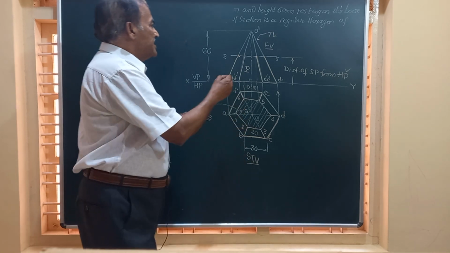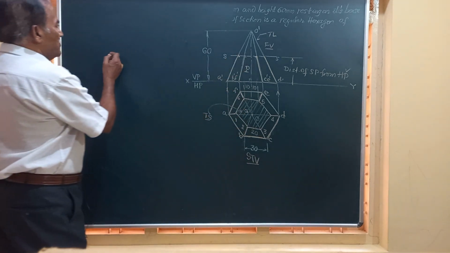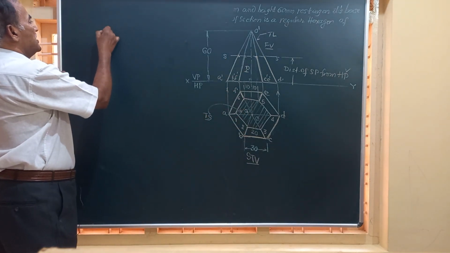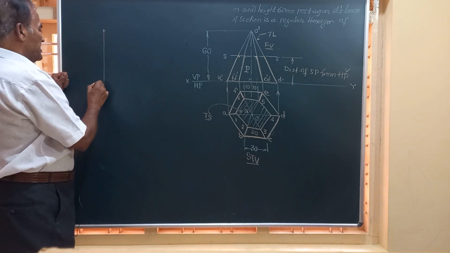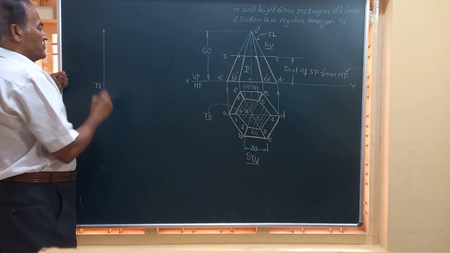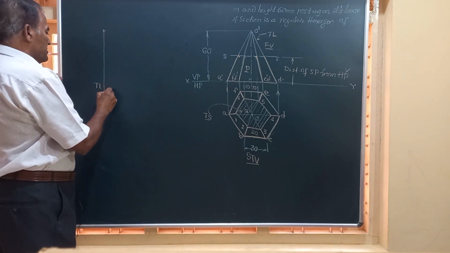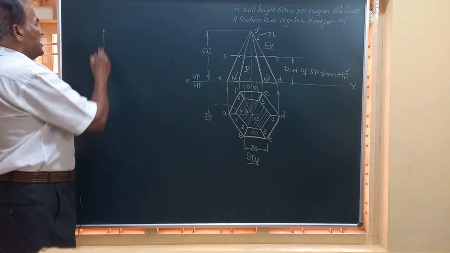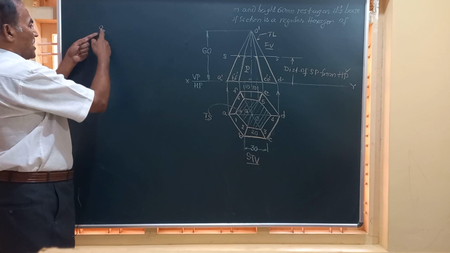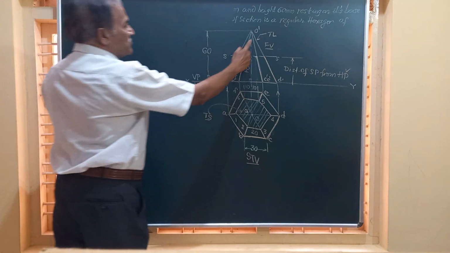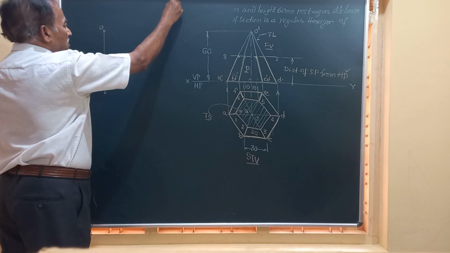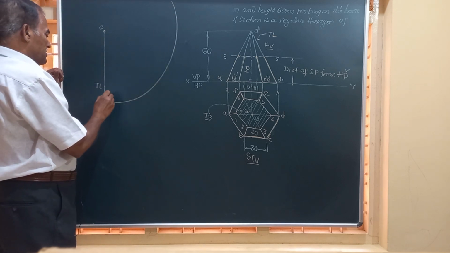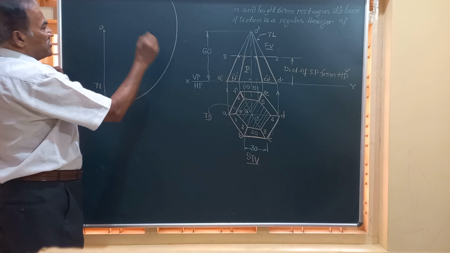Now, friends, taking that true length, I am going to draw a line here of length equal to TL, and taking O as center and this true length, that is O dash D dash, as radius, I am going to draw an arc here.